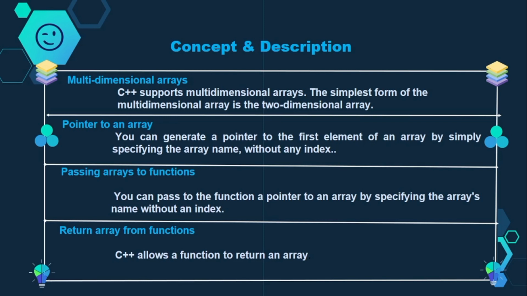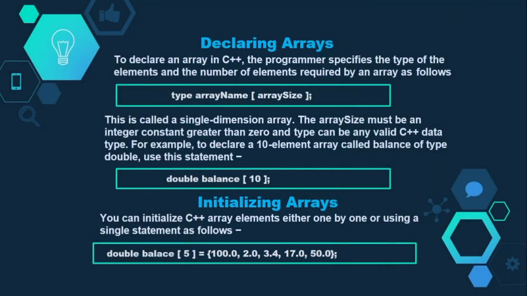And so, the concept of array is very important, because an array is a collection of elements of the same type placed in contiguous memory locations that can be individually referenced by using an index to a unique identifier. Declaring arrays. To declare an array in C++, the programmer specifies the type of the elements and the number of elements required by an array as follows. So just like this: type, array name, and then the array size inside of the brackets.